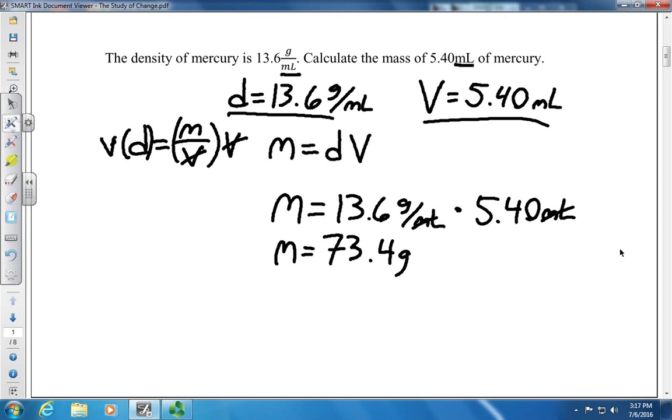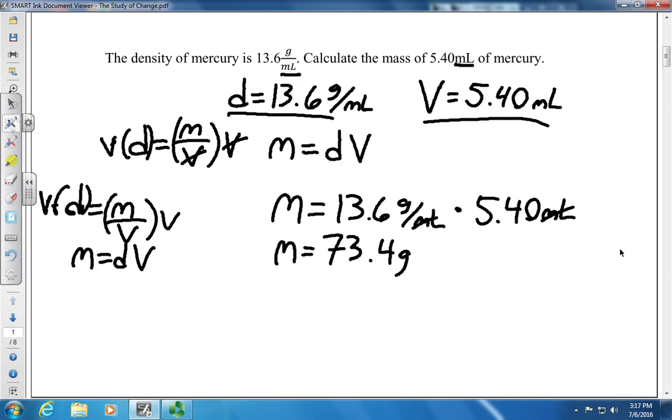Again, anytime you're looking for either density, mass, or volume, and you're given the other two values, you can easily calculate this. You have density is equal to mass over volume. You can easily multiply both sides by volume to get your mass equation. So mass would equal density times volume.